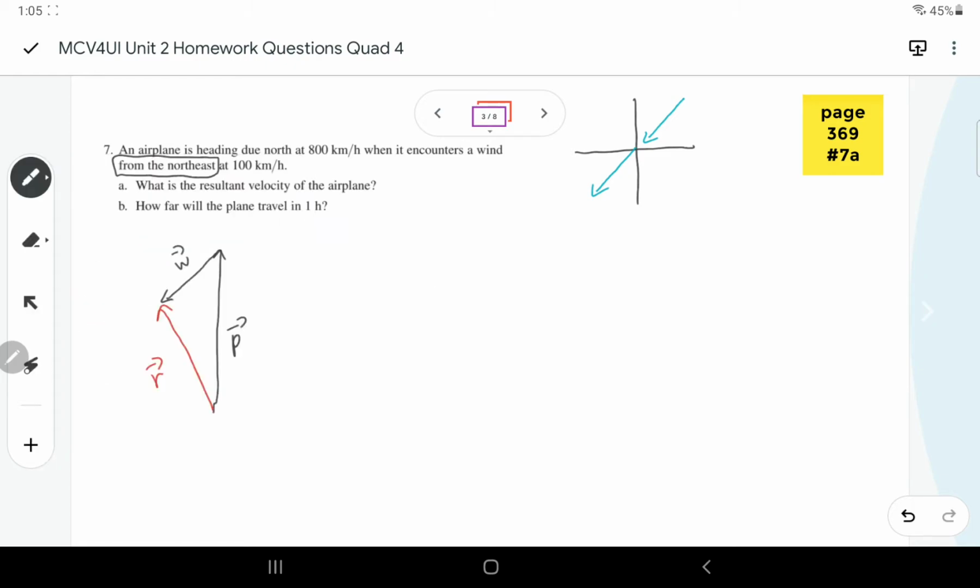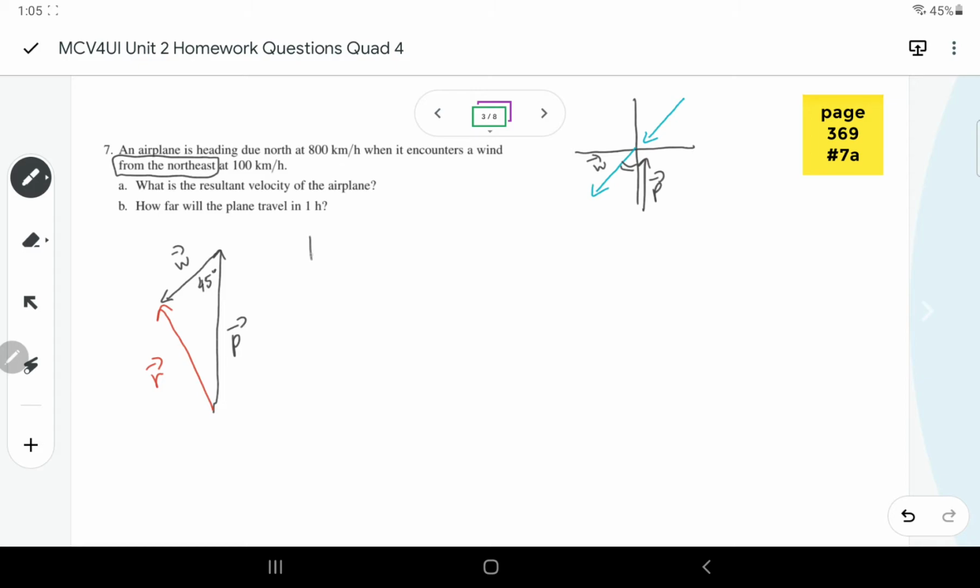So here I would know that this angle, since the plane is going directly north and the wind is going southwest, is 45 degrees.